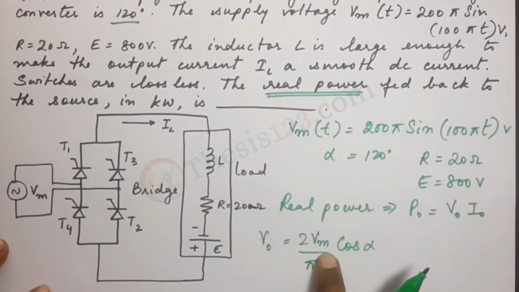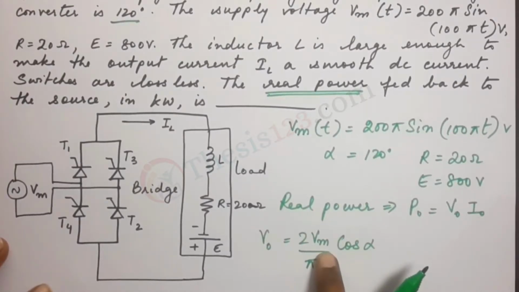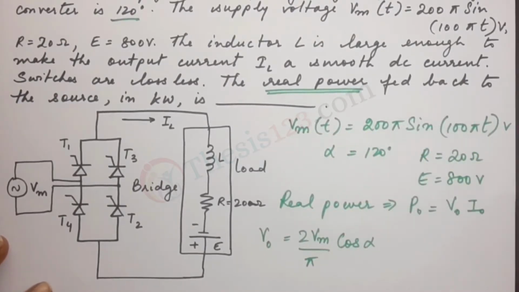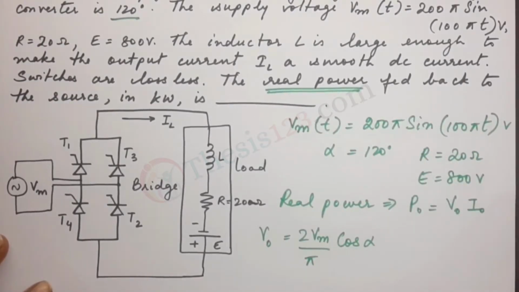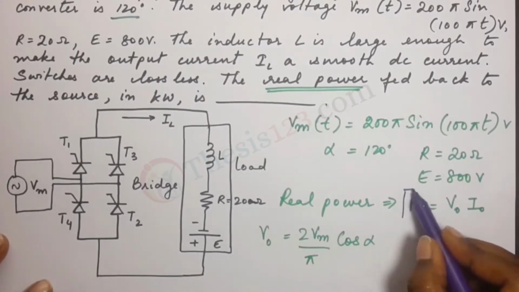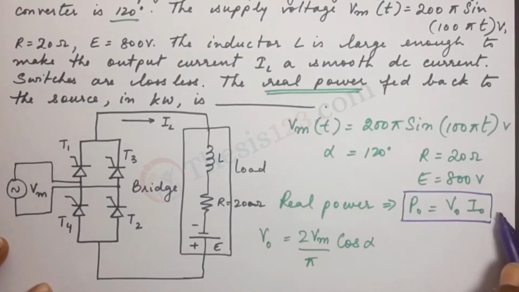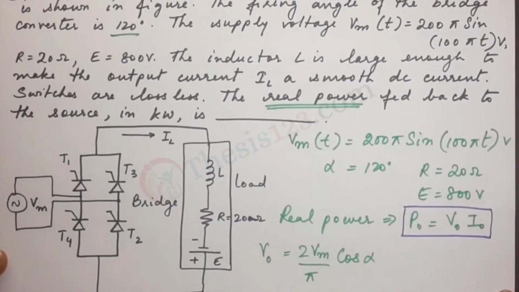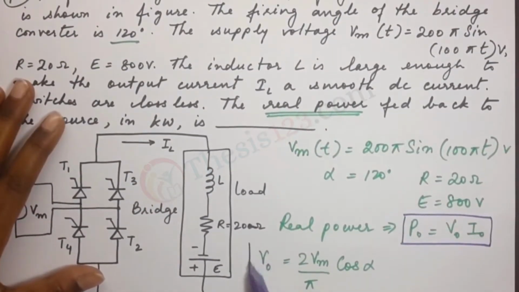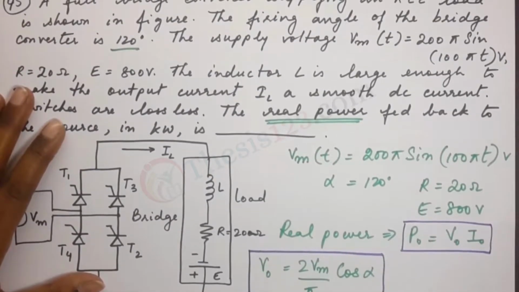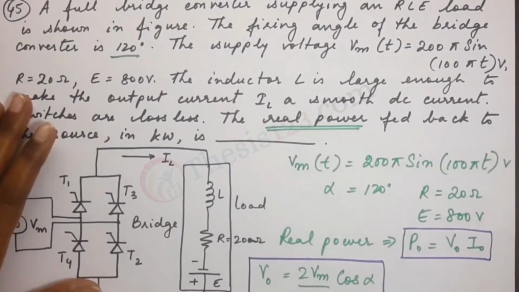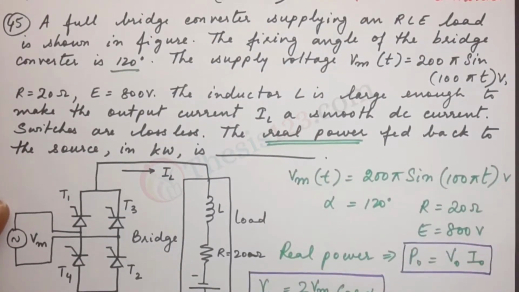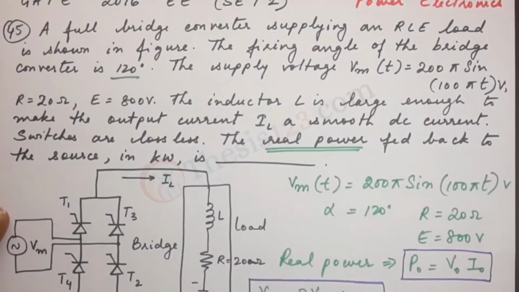Vm is the peak value of the equation given to us, which is 200 pi. So these are some basic formulas. The real power would be V into I, and V0 is written as 2Vm by pi cos alpha. So if we substitute what Vm is, 200 pi, let's see what we get.